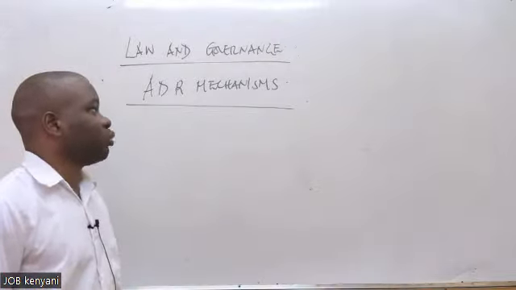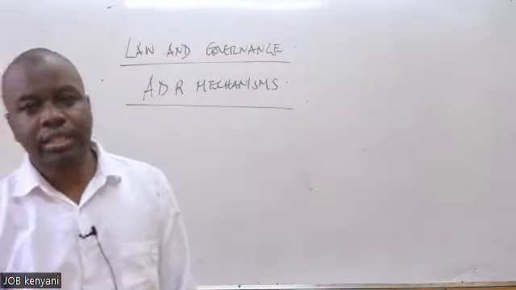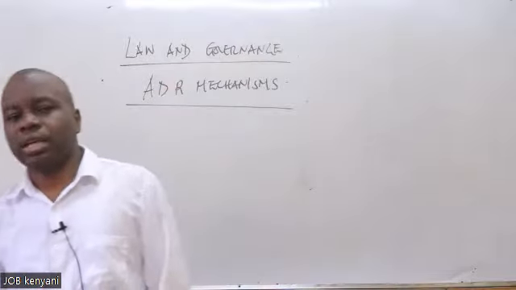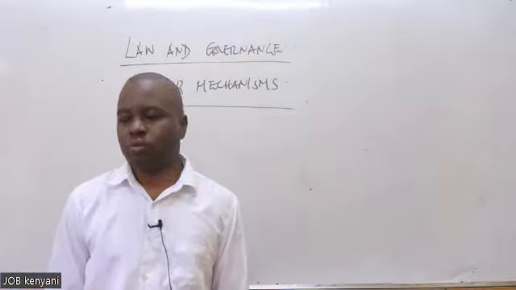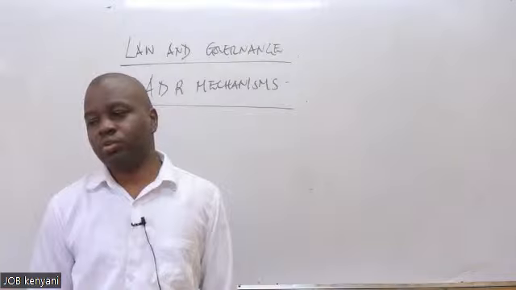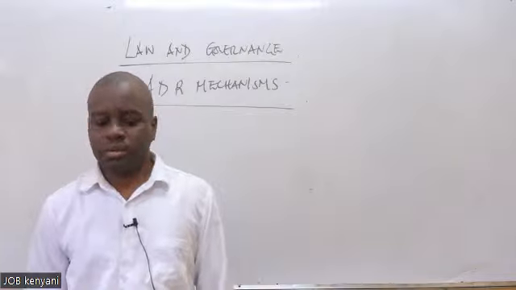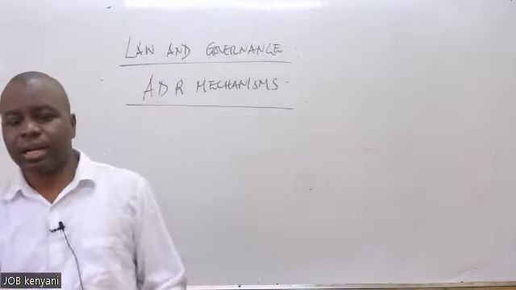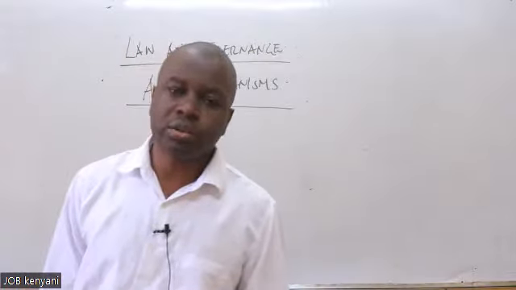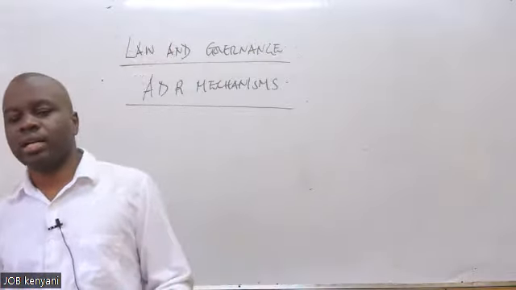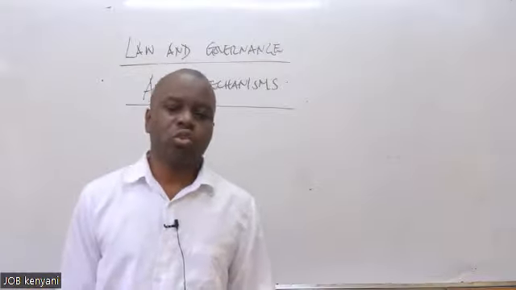These are basically ways of how you can resolve a dispute rather than actually having to go to a court of law. Sometimes there are disadvantages that arise with regard to going to a court of law and having to sue someone for a wrong committed.